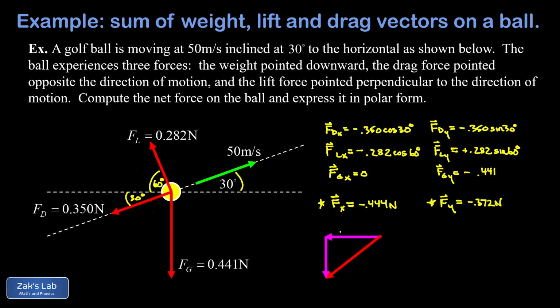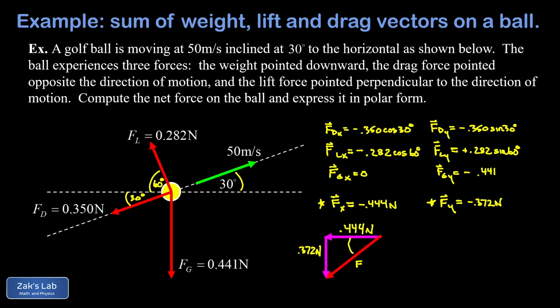Now the length of this horizontal side, I'm just going to write as a length now, is 0.444 newtons. And the length of that vertical side is 0.372 newtons. And what we're trying to do at this point is find the length of the hypotenuse. That's the magnitude of the net force that we call F. And we want to label a direction, in other words, an angle, and we usually do this relative to the horizontal.